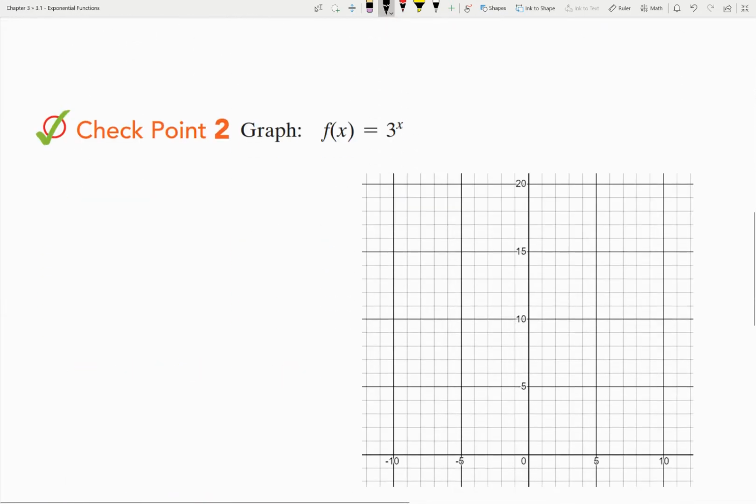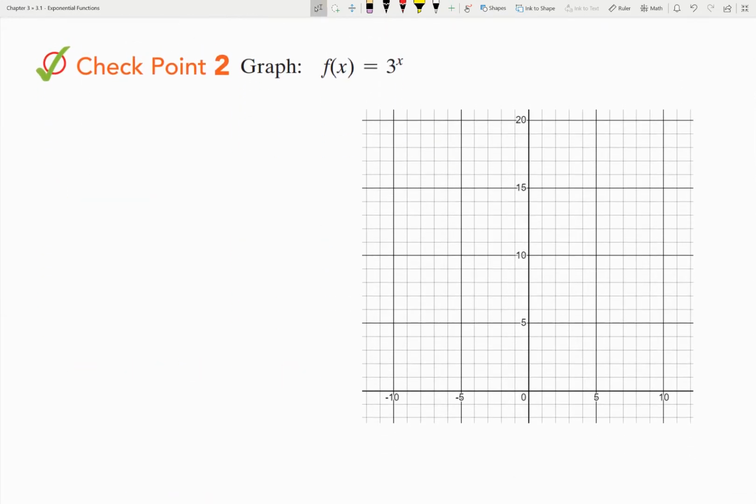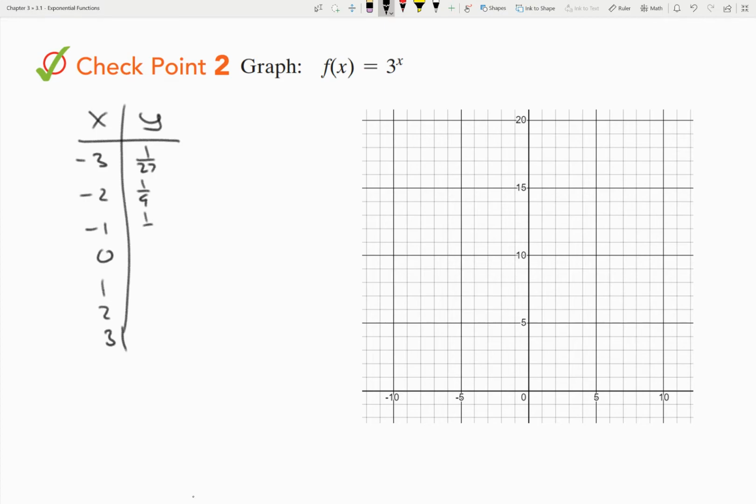Let's graph another one. Again, simple as making a table. And again, let's plug in a couple of negative numbers. This one's going to go up a lot faster, so 3 is going to even be off the chart here. 3 to the third power is 27, so that's 1 over 27, 1 over 9.